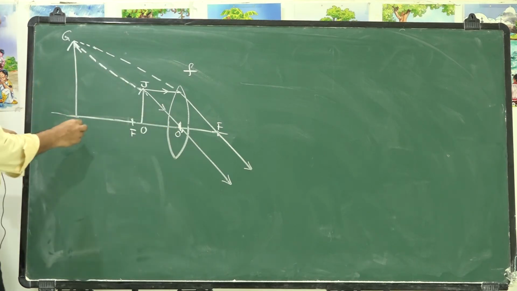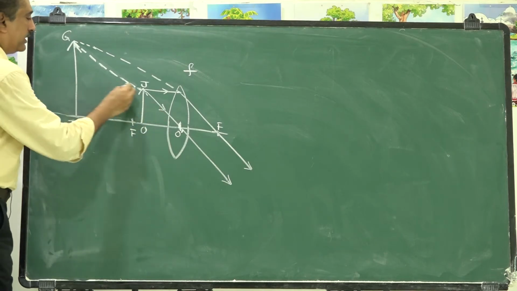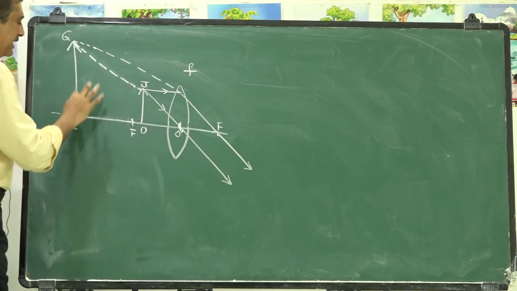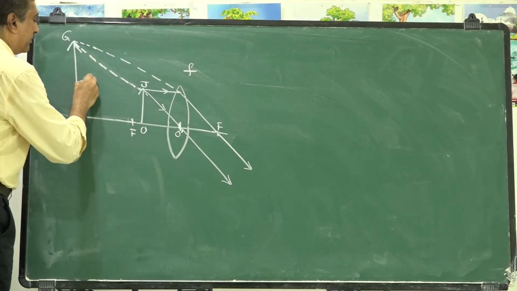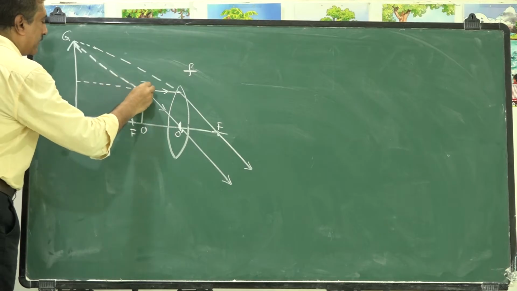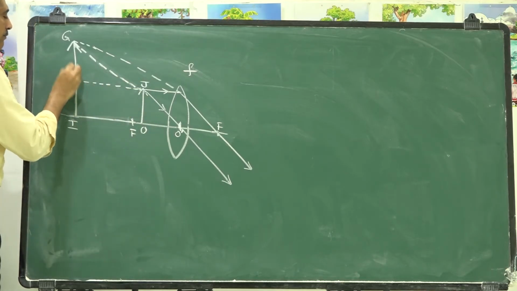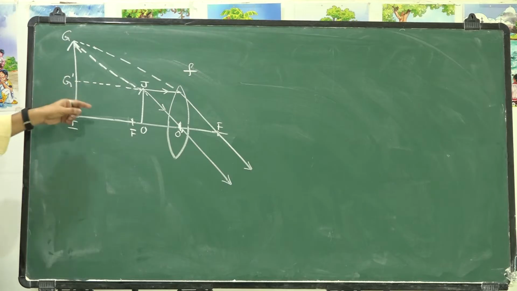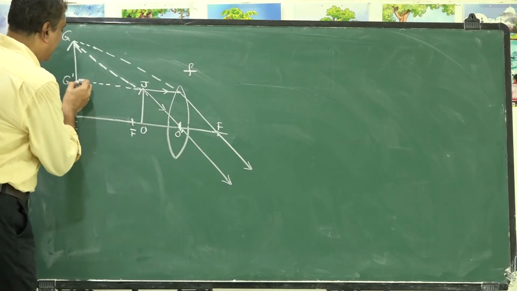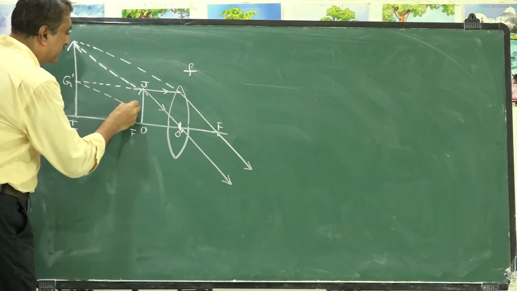That means to calculate the magnifying power, assume that this object is imagined at this position. So draw like this. Now I G dash, assume that I G dash. Now assume that the angle subtended by this line is like this.